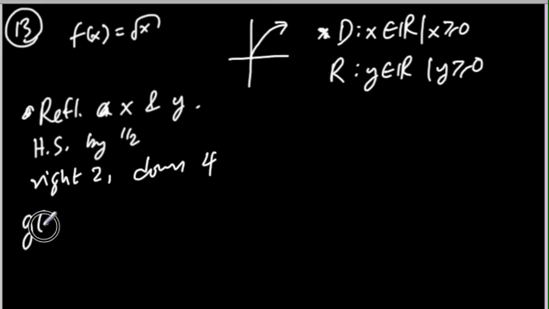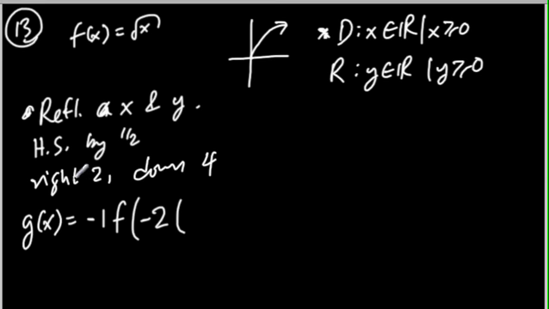So g of x will look like this. There's the reflection across the x, so we know right away there's a negative. There's no vertical stretch, so we'll just assume that it's 1. So it's f. Now there's reflection across the y, so we know that there's a negative. Horizontal stretch by half, which means it's 2.